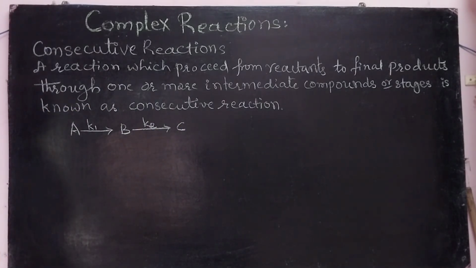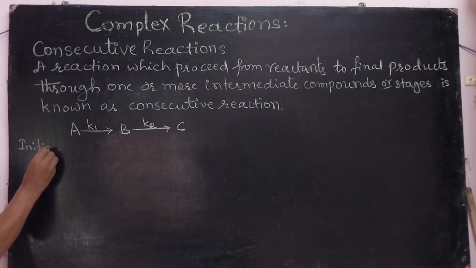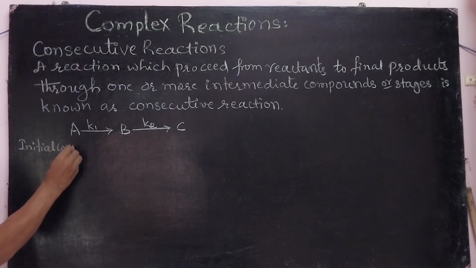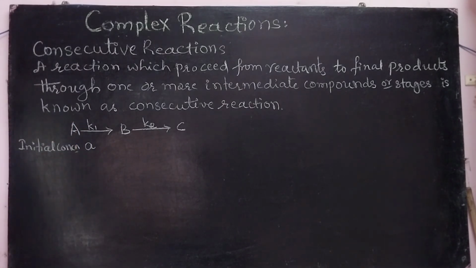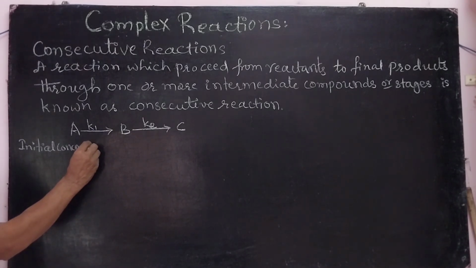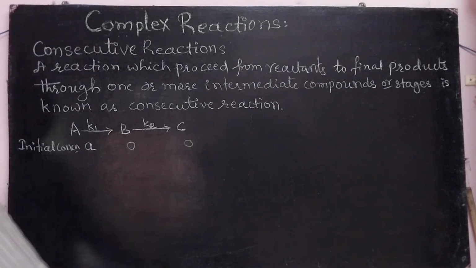Now suppose the initial concentrations. Here the initial concentration of A is A, whereas the initial concentration of B is 0 and C is 0.